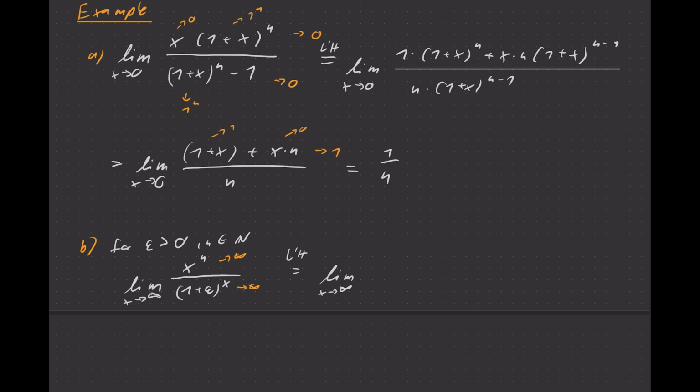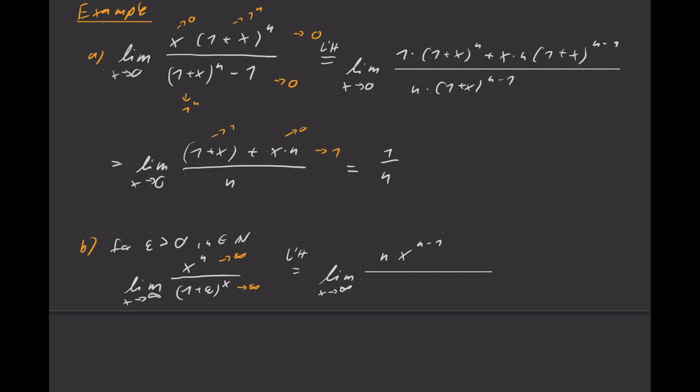So in the numerator, we just obtain n times x to the power of n minus 1. For the denominator, remember the rule for differentiating functions of that kind, something to the power of x.